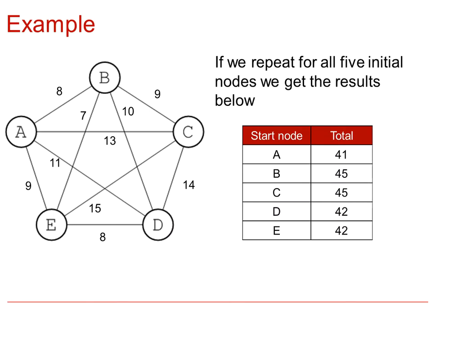So the work we did, we got that total of 41 when we started with A and 45 when we started with B. And we can see that whether we start with B or C, 45 is the greatest lower bound that we can get for this particular network. And therefore we would choose to state that the lower bound is 45.